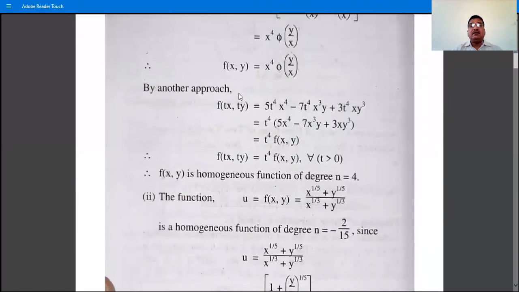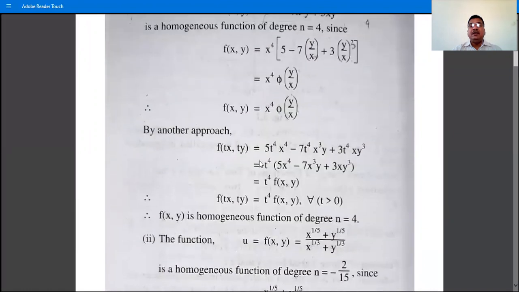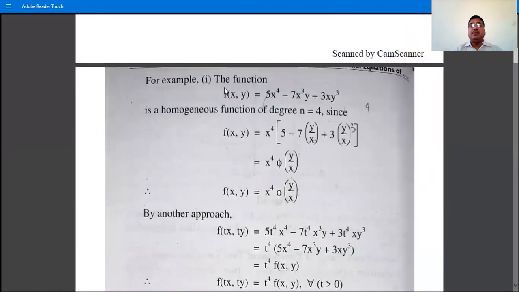So by using that definition, we find f(tx,ty), that is, replace x and y by tx and ty. So we have 5(tx)^4, meaning t^4 x^4, minus 7 times x^3, replacing x by tx, so (tx)^3 means t^3 x^3, and y is replaced by ty.